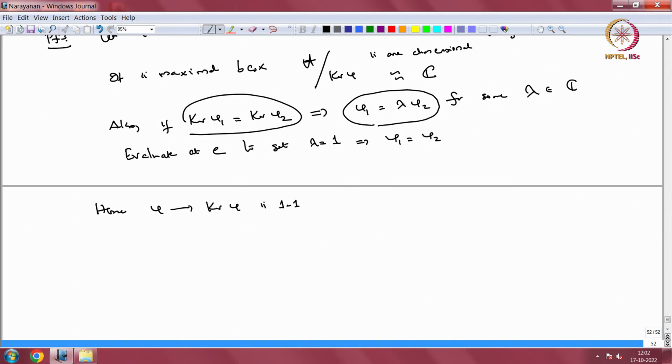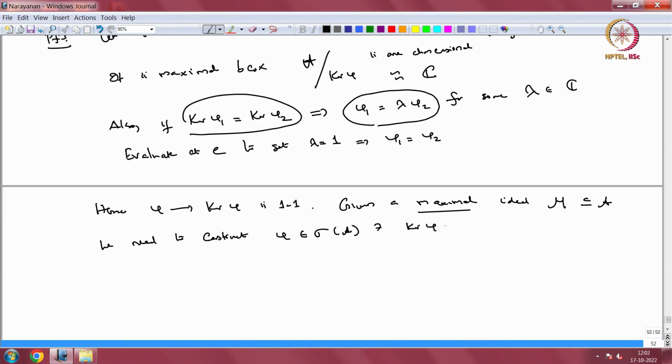That means, given a maximal ideal M contained in A, we need to construct phi in sigma A such that kernel of phi equals M. The construction is similar to what you have seen in the case of group theory, but let us stop here. We will continue with the proof in the next lecture and complete it. Okay, so we will stop here.